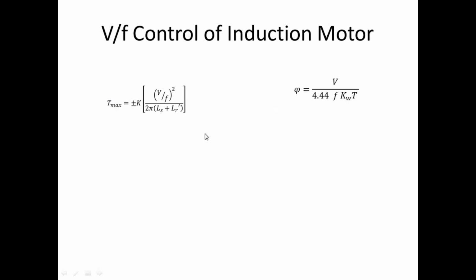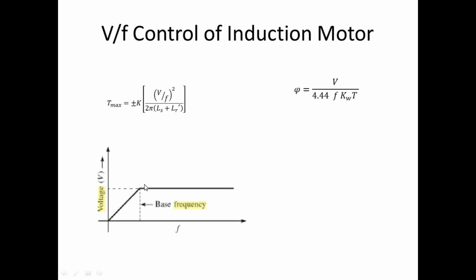In order for that, if frequency is increased, voltage is also increased. But there is a limitation here. If frequency is increased from 0, we can increase V also in proportion. Suppose it reaches the rated value.